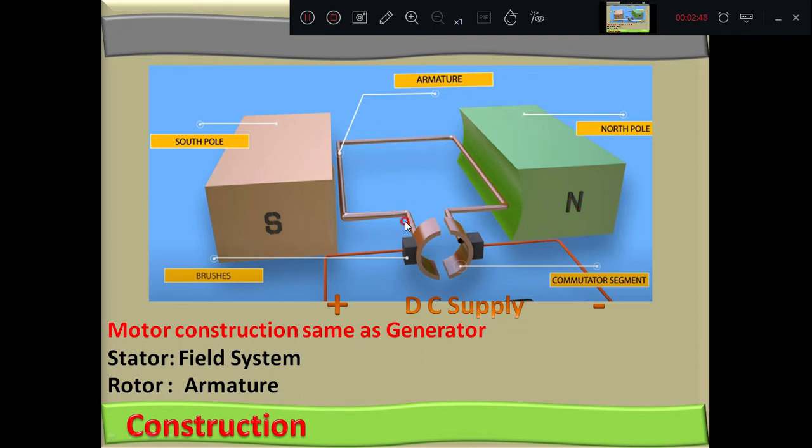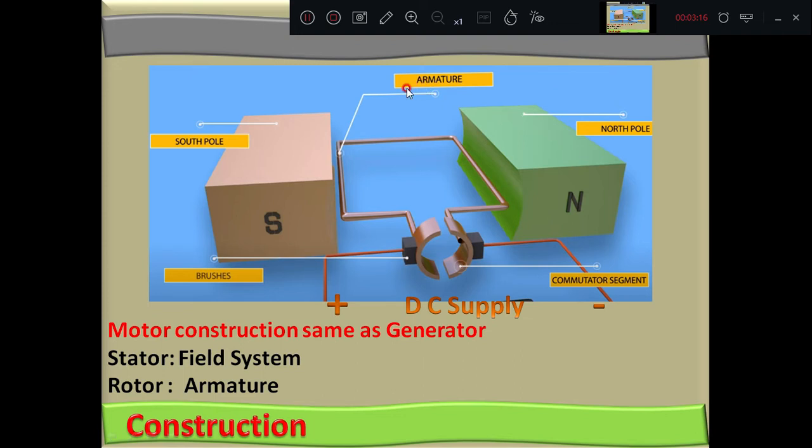Whereas the rotor has got the armature, as well as a commutator segment, as well as the brush. The brush is stationary. However, the armature coil or armature conductors and the commutator segments are rotating. This forms the rotor circuit, whereas the field system forms the stator.